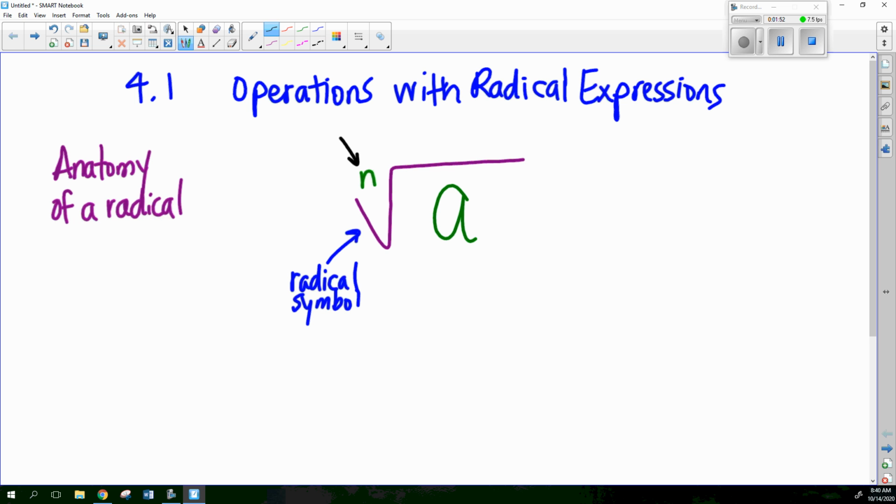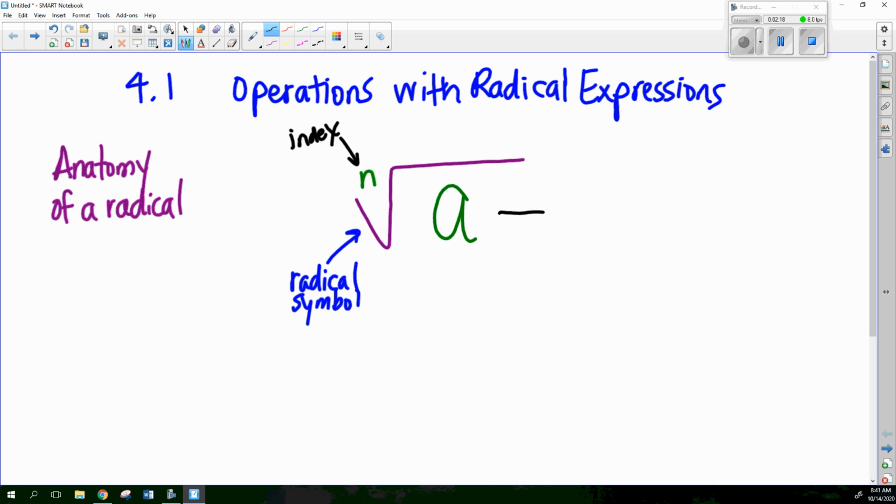All right, the little n, that's going to be a number. All right, that represents what we call the index. All right, and that just indicates what root we're taking, okay? Because the radical is the same thing as taking a root, all right? So it could be a square root, a cube root, a fourth root, all right? So the index is just a little number, all right?